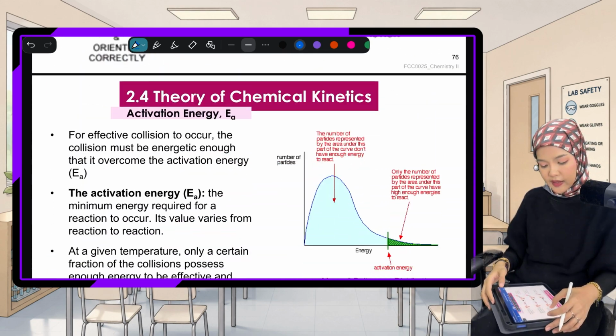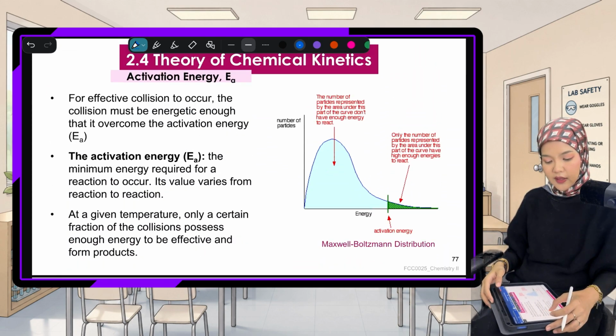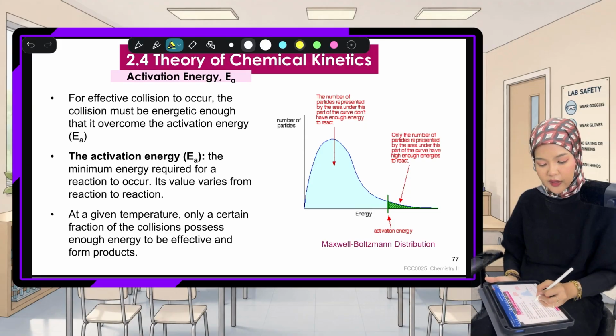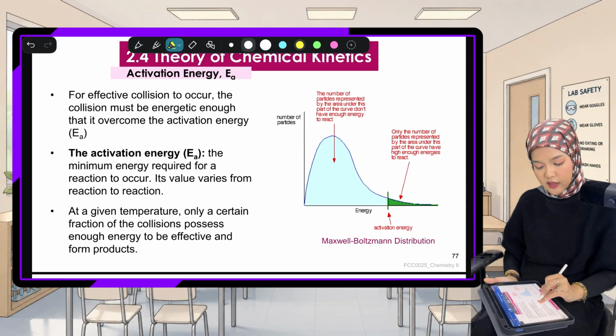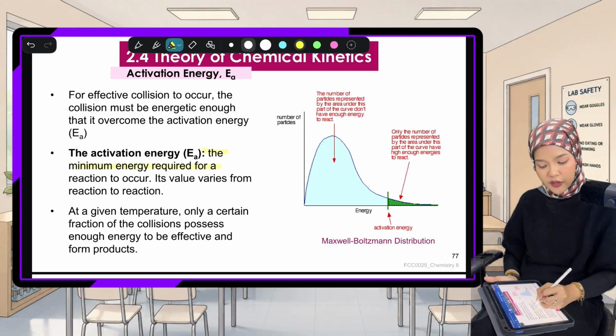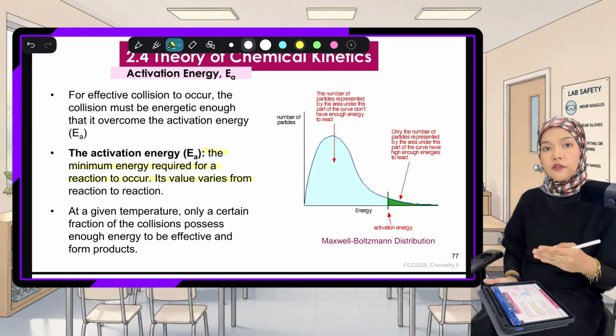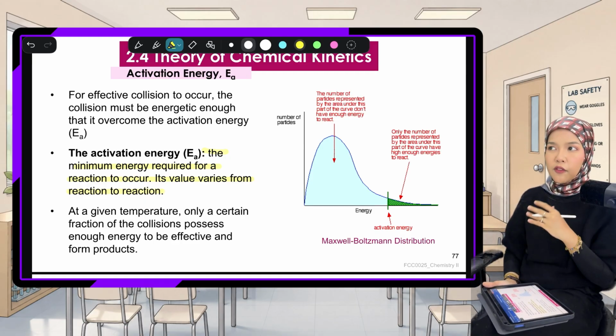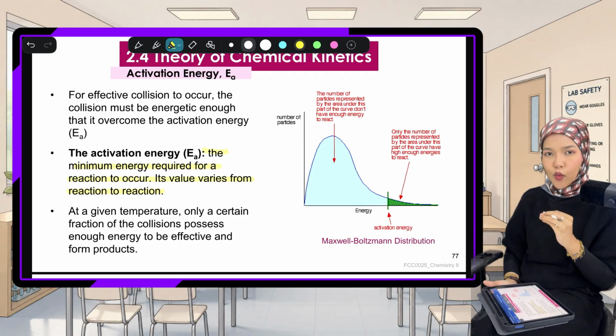So what is activation energy? This is the definition: the activation energy is the minimum energy required for a reaction to occur. Its value varies from reaction to reaction. Every reaction has its own specific activation energy.